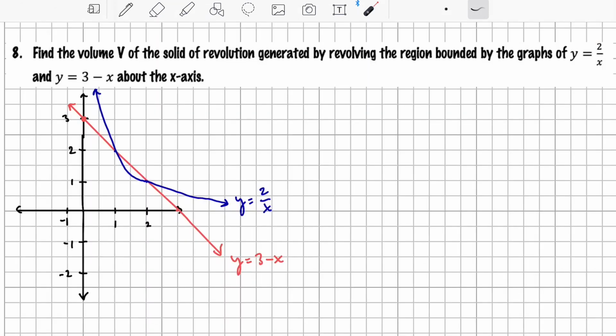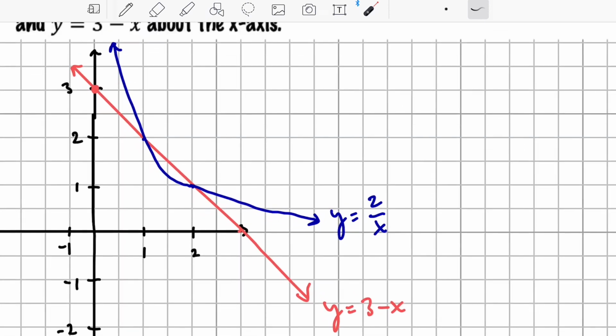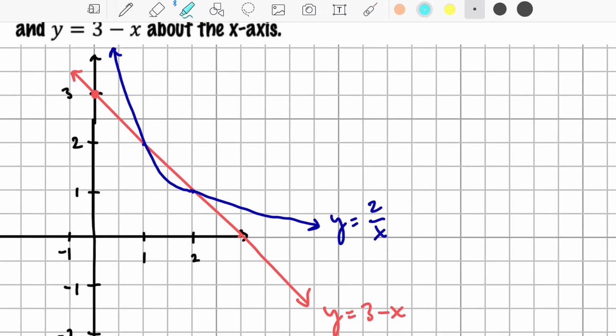Okay, let's dive into the first example. Find the volume of the solid of revolution generated by revolving the region bounded by the graphs of y equals 2 over x and y equals 3 minus x about the x-axis. So here I already drew the graphs, and the first thing I want to do is shade the region.